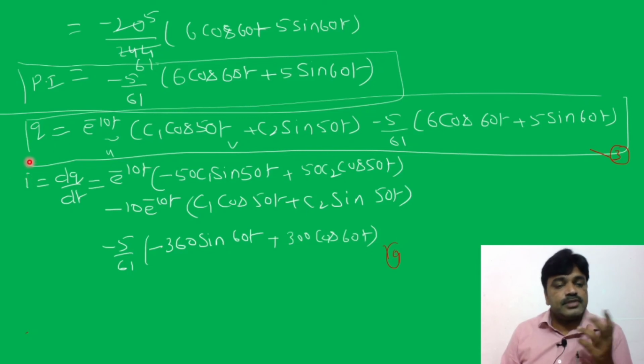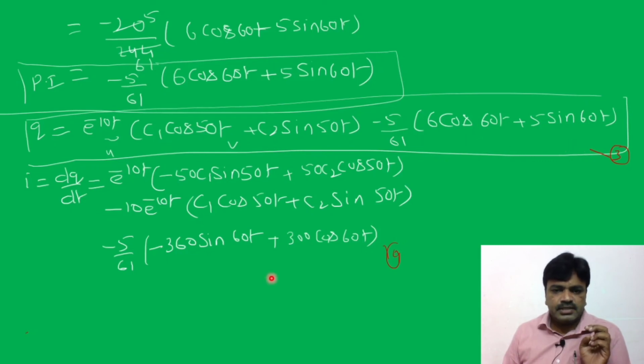Here the problem is not over, friends, because he has given I of 0 equal to 0 and Q of 0 equal to 0. That means we are finding the C1 and C2 values. For finding C1, C2 values we need I, which is equal to dq by dt. So I apply the UV rule here and also differentiate this one.